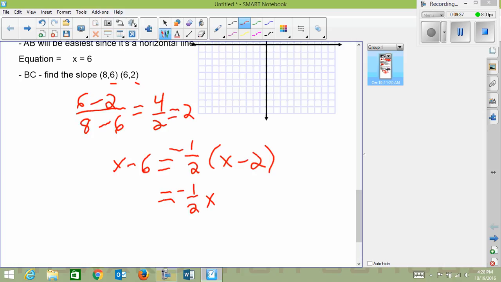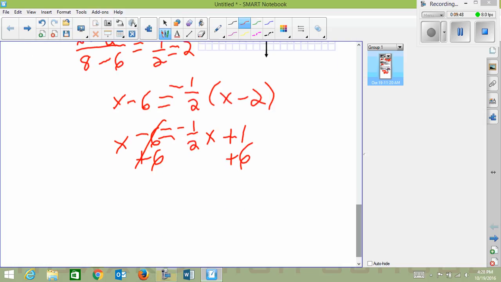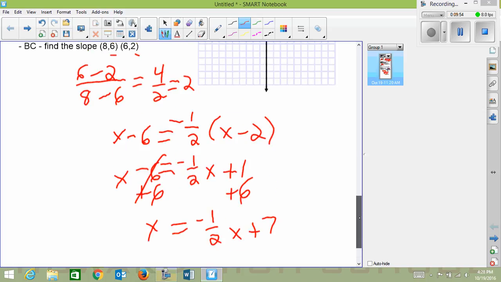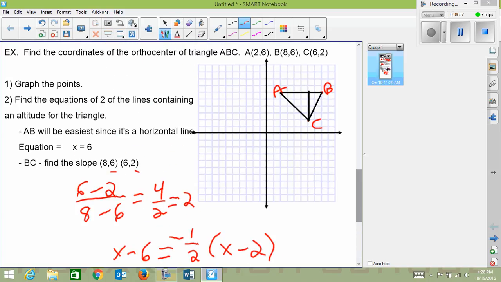And then negative 1/2 times negative 2 would be a plus 1. And then I have y minus 6 still on this side. And I'm going to go plus 6 to get rid of it and move it over here. So y equals negative 1/2 x plus 7 for the equation of the line that would be perpendicular from this corner across.